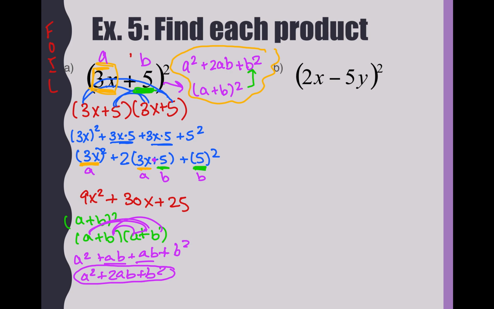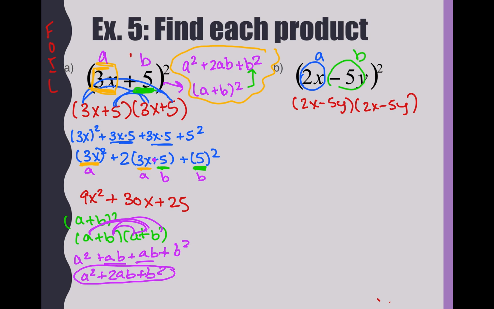So let's apply this, a plus b squared is the same as a squared plus 2ab plus b squared, to problem number b. It is also a two-term polynomial squared. If I wanted to FOIL it, I could write it out as 2x minus 5y times 2x minus 5y. I'm not right now. Instead, I'm going to use this method right here. So this 2x is my a term. Now be careful, my b term is negative 5y.